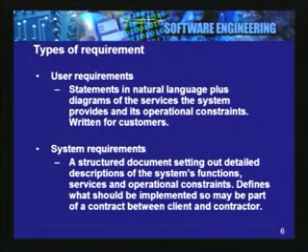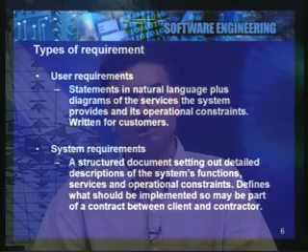Typically, there are two kinds of requirements that a requirements document will end up containing, and they can be classified along two different axes. One axis is that of the user versus system requirements, right? User requirements are typically those requirements that the end user of the system, the manager of the development process, and the contractor can understand.